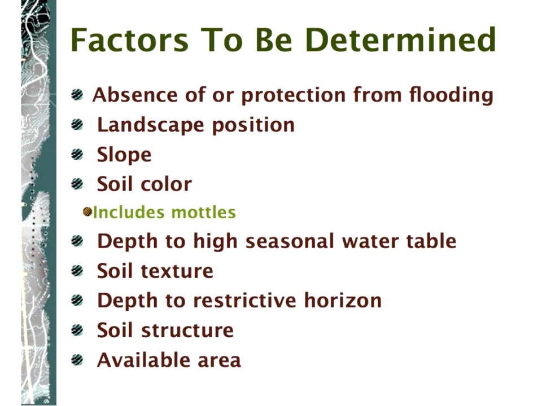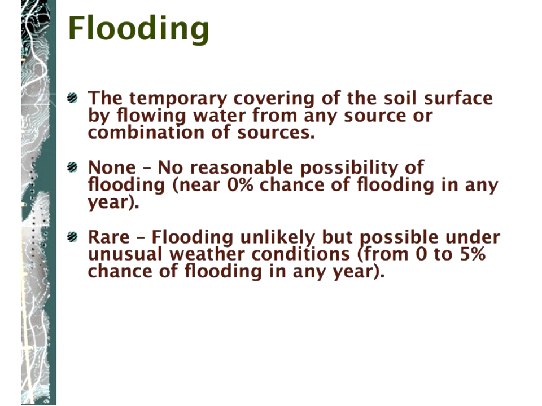The depth to the high seasonal water table is usually available from, I think, a USGS database. The soil texture, the depth of the restrictive horizon, the soil structure, and the available area. These are all factors that you have to look at.